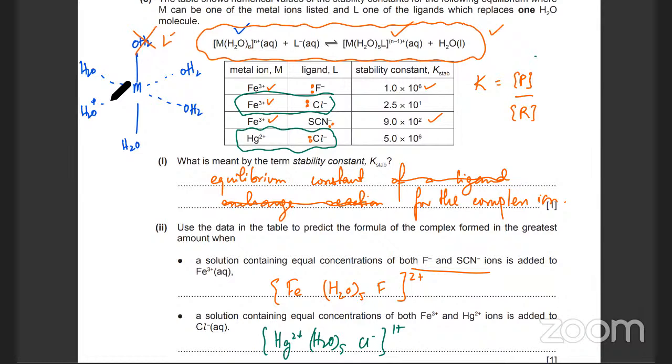That would result in a tetrahedral complex. So there could be all sorts of shapes of complexes, depending on how many ligands are actually getting attached to it. There could be 2 of them getting attached only. That would result in a linear complex, but over here it was 6 of them, so that's an octahedral complex.